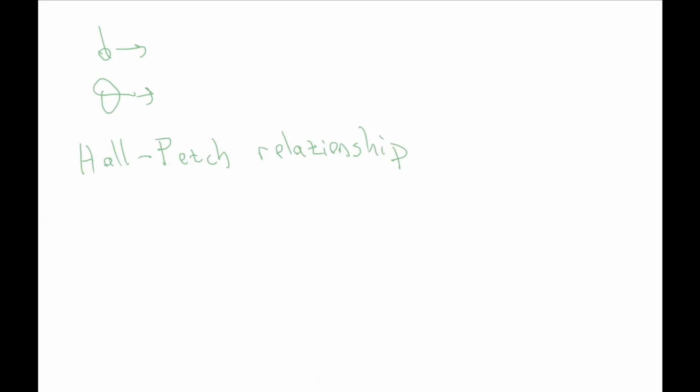Suppose we have a grain boundary. Let me just draw a grain boundary, and let me draw two different dislocation slip directions. Slip is this way.